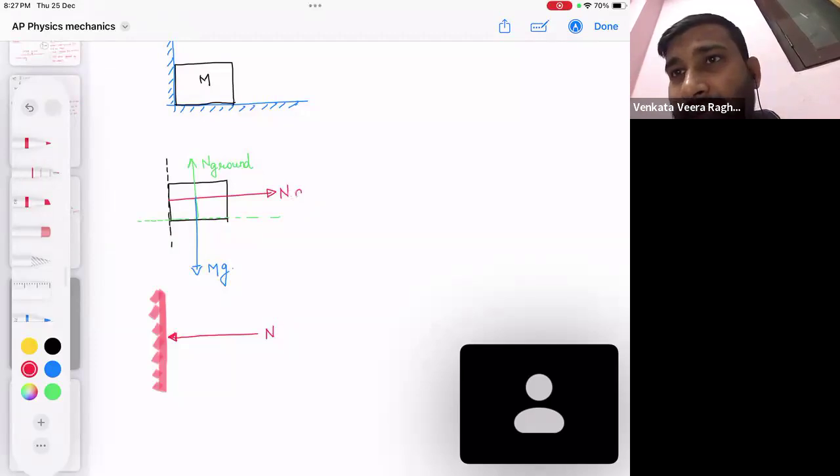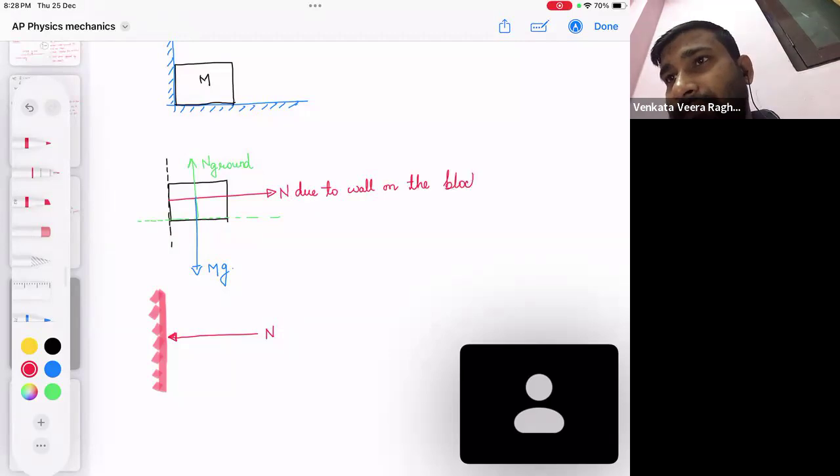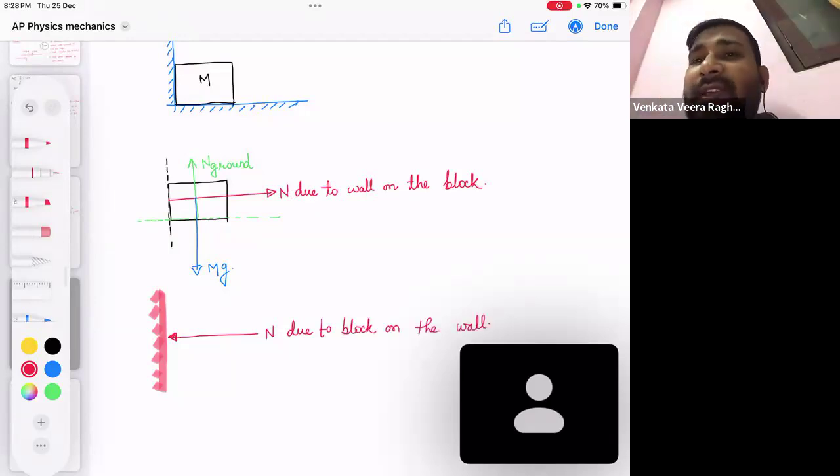Let me write it like this: normal due to wall on the block. Is it normal due to block on the wall? Please check it. Now tell me, if I ask you, which is the action reaction pair?